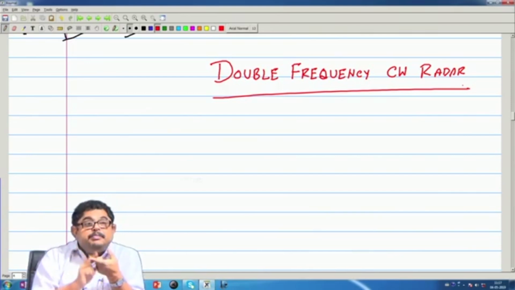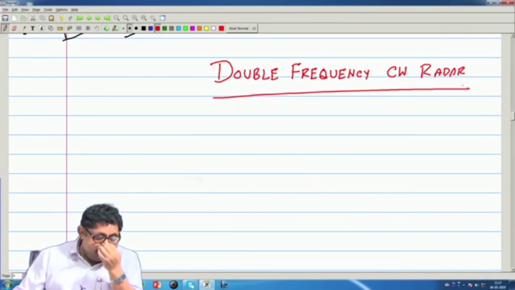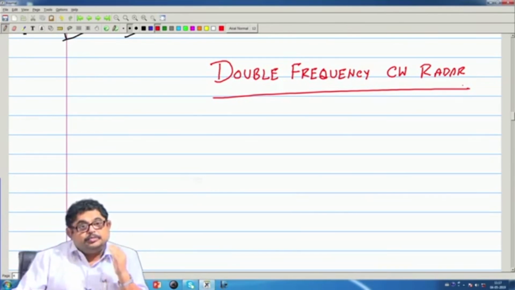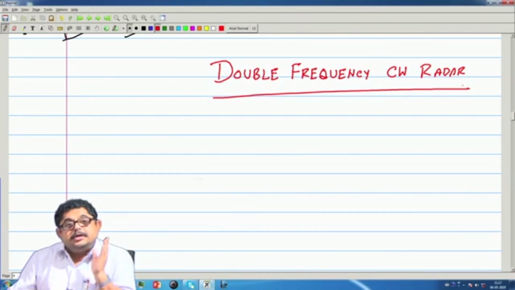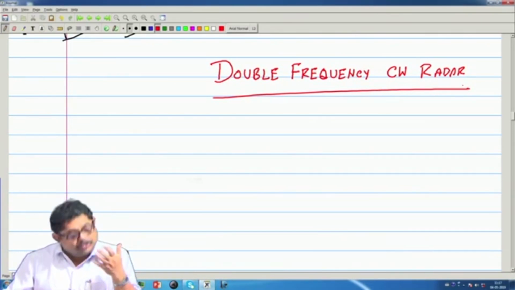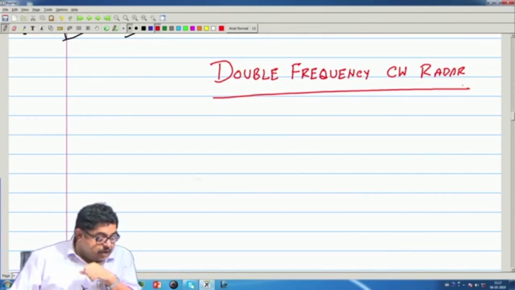Agreed. But if you can do that, let us say somehow I can put some mark on the signal, so that I know what is the transmitted signal, what is the received signal, what is the transmitted signal's phase, what is the received signal's phase, then I can do.